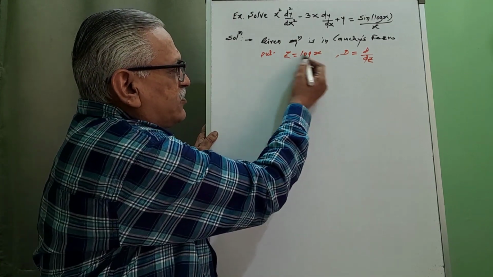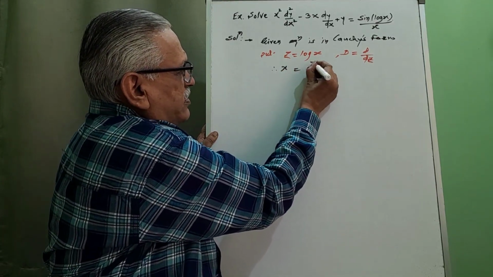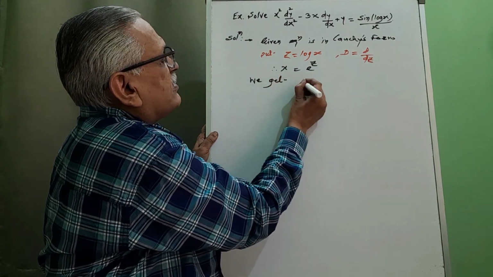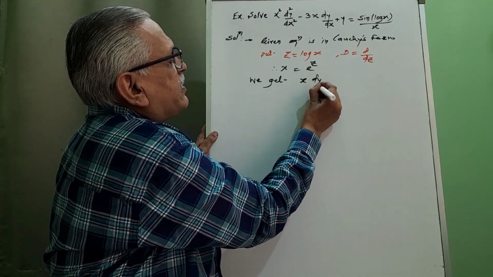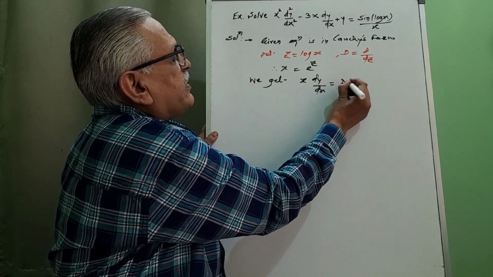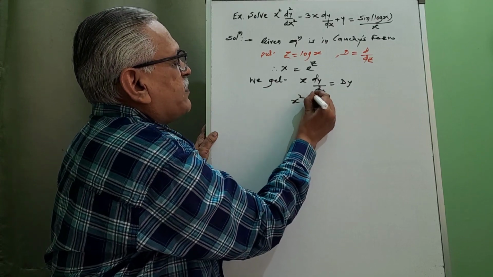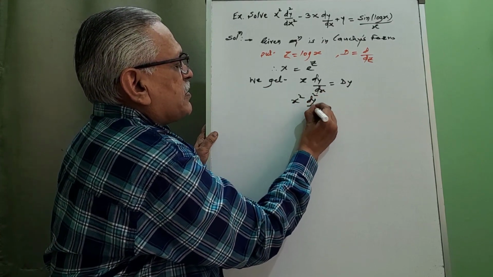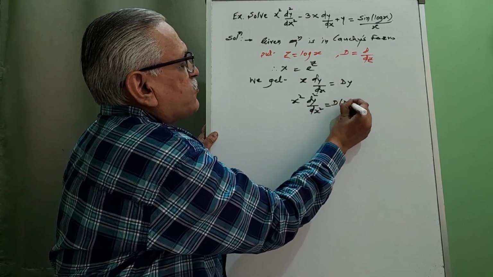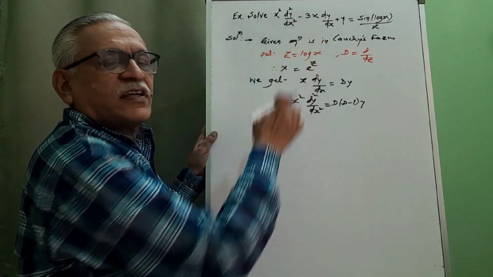Then transferring this log to the other side, we get x is equal to e raised to z, and we get the value of x dy by dx as capital D operated on y, the value of x square d2y by dx square as D minus 1 into D operated on y, and substituting this in the given equation.